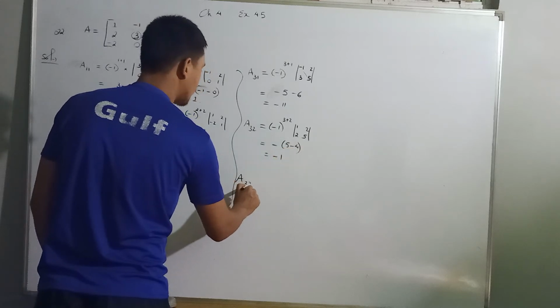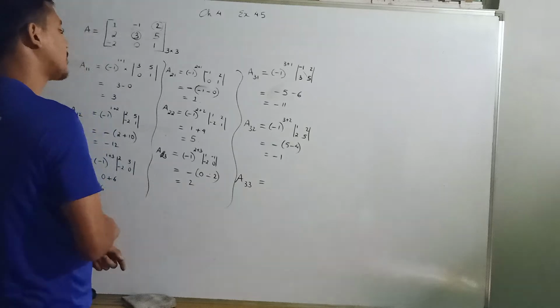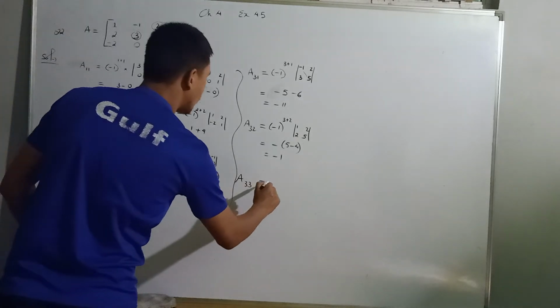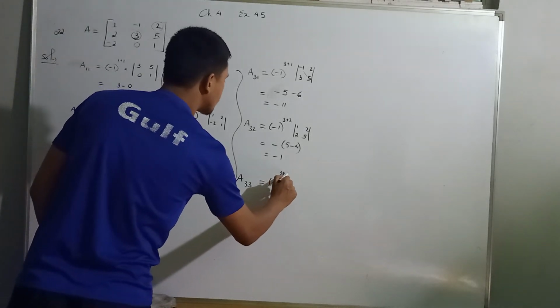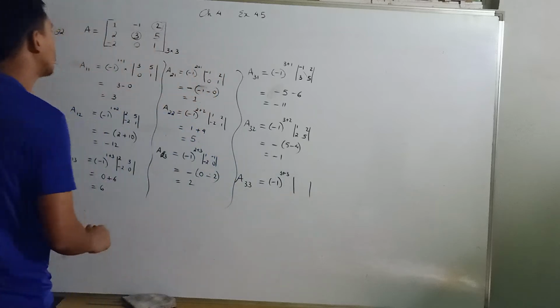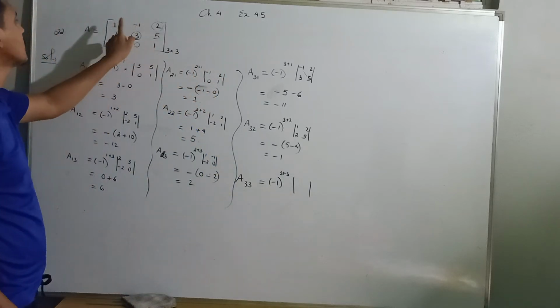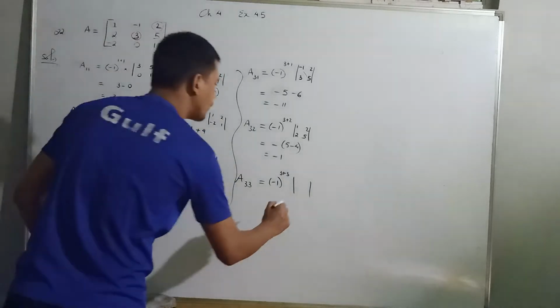And then your A33 will be minus 1 to the power 3 plus 3, and the minor of this element, that is 1 minus 1, 2, 3.